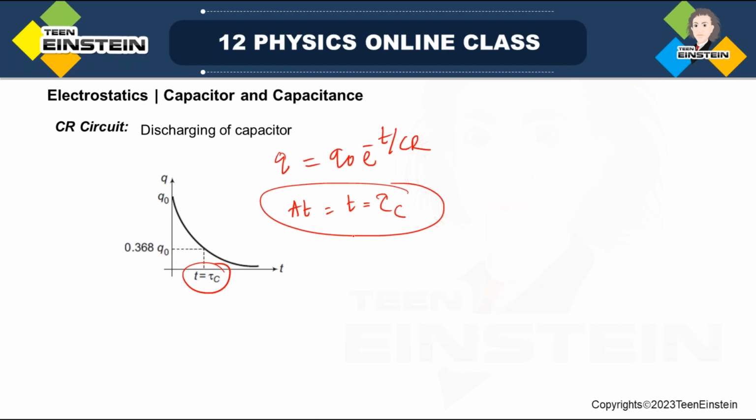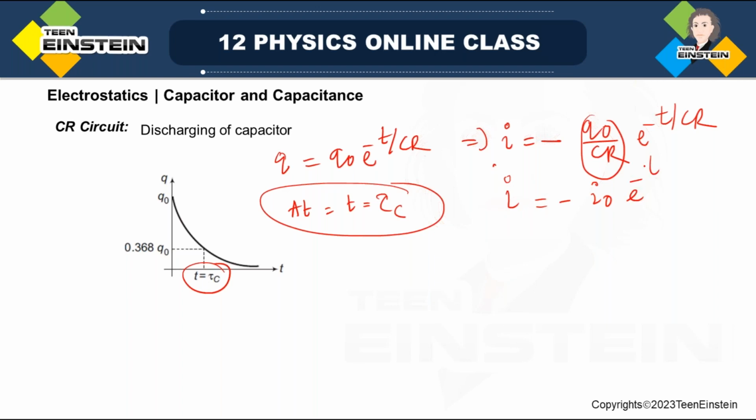And current, if I just take the derivative, I'll get a minus sign over here: Q0 by CR times e to the power minus t/CR. This particular part I'll take as I0. So I is minus I0 e to the power minus t/CR.